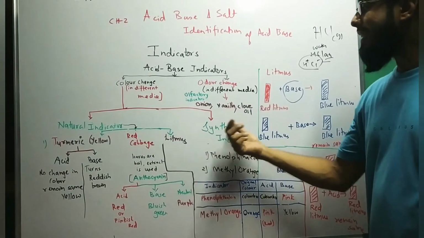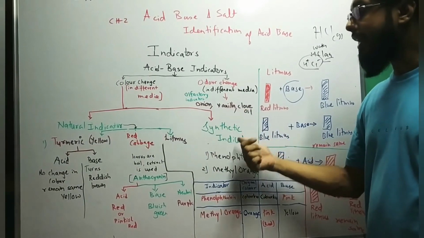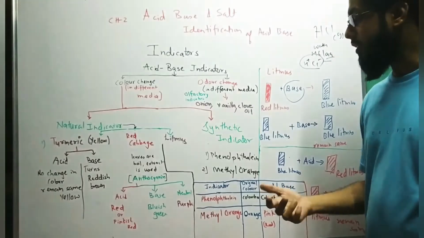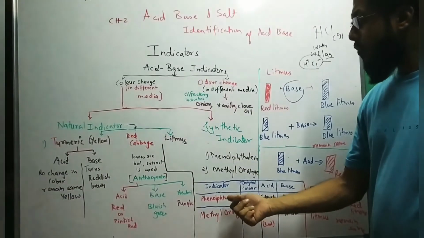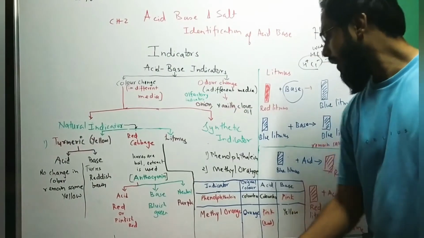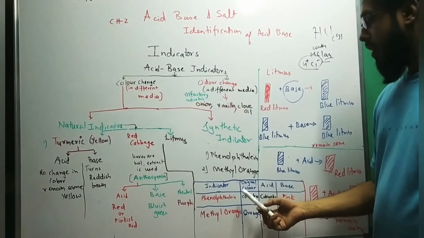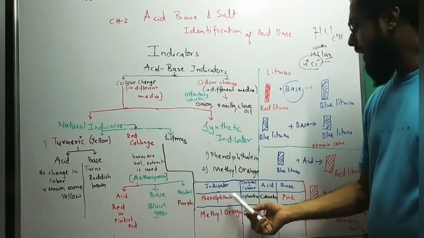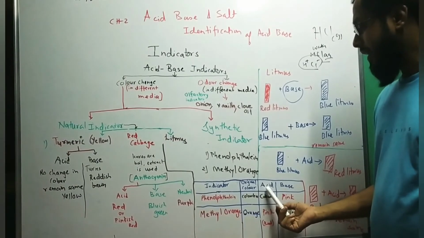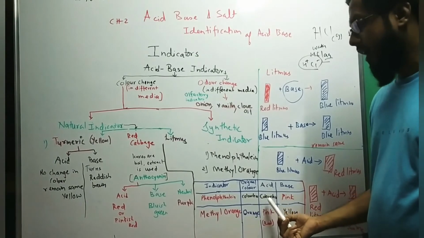Now let's talk about synthetic indicators. There are several synthetic indicators. We will talk about phenolphthalein and methyl orange. Phenolphthalein is originally colorless, and methyl orange is orange in color. If phenolphthalein is mixed with acid, the color remains the same, that is colorless.